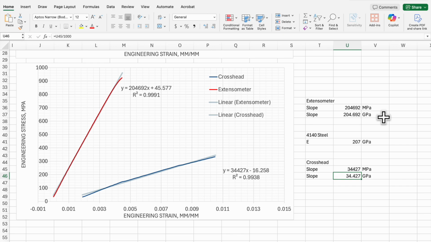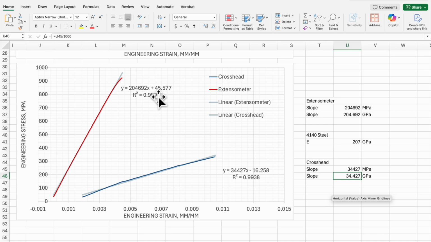However, if you look at the data with the extensometer, either if you have access to it and you forgot to use it, or maybe you don't have access to it, this is the value you would get with the extensometer. It's basically 205. 205 is not exactly 207, but this is very close to the expected value for 4140. This is really in good agreement, within the margin of error, I would say, for the fit and everything else that you're doing for this test.